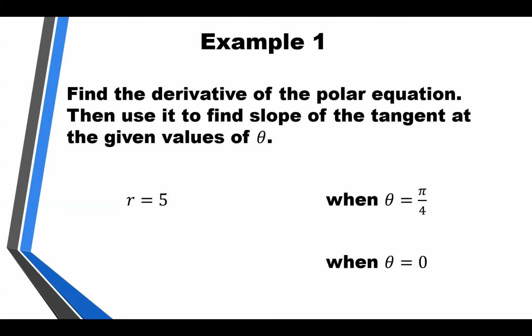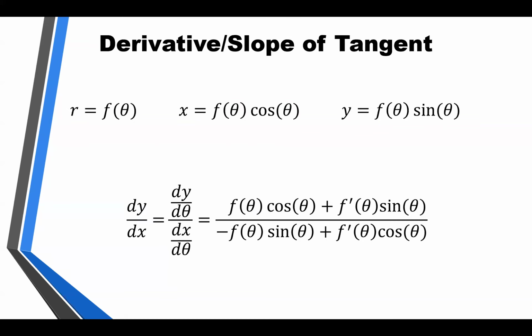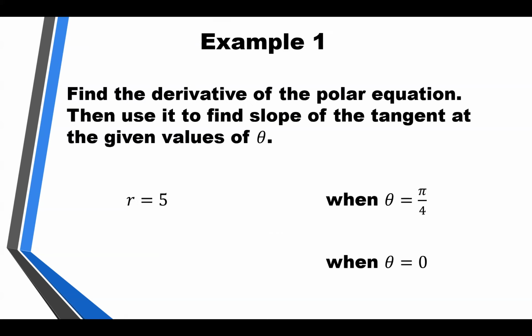So that's the idea of derivatives in polar equations. Now, I know I just did the first derivative. Obviously, you could take this to second and third derivatives, although it's much messier after you do it. So I'm not going to do second and third derivatives in polar form.